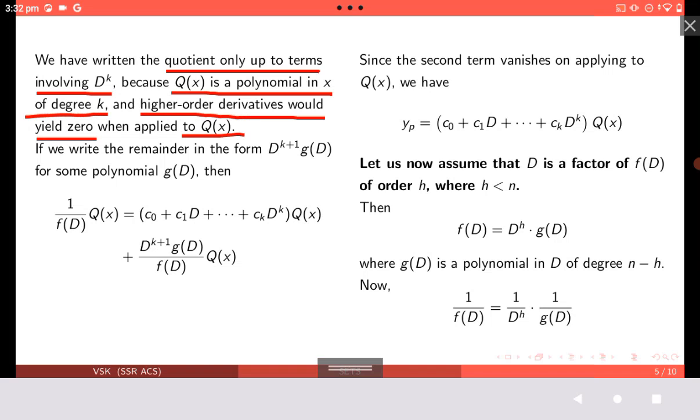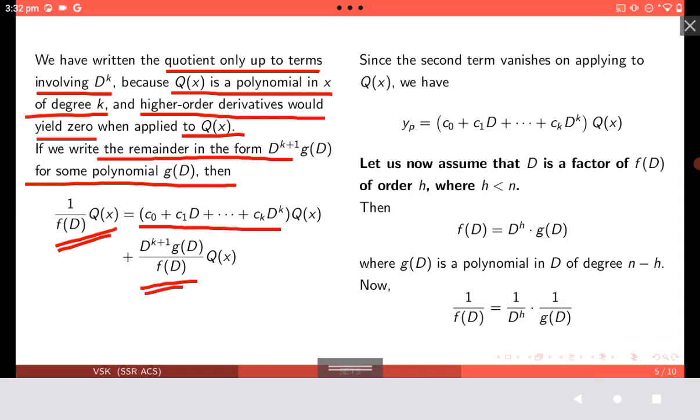So now, if we write the remainder in the form D^(k+1) G(D) for some polynomial G(D), then we have 1 upon F(D) Q(x). So this is the form which we have obtained: 1 upon F(D) becomes this expression, as we have seen in the last slide, into Q(x), plus the remainder term divided by F(D).